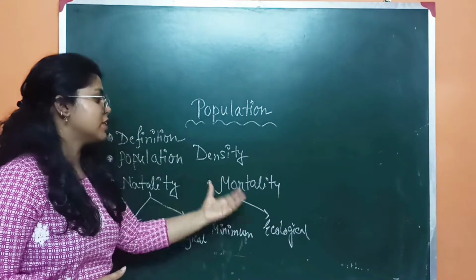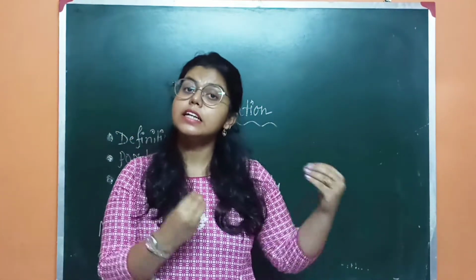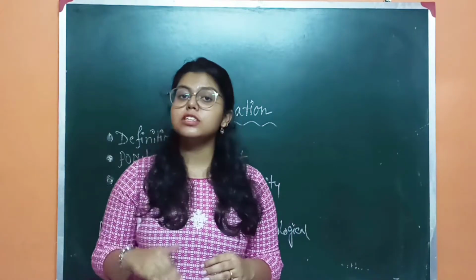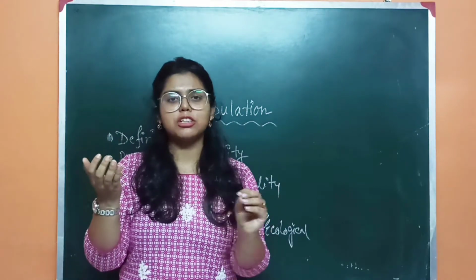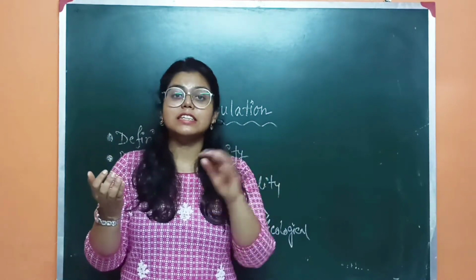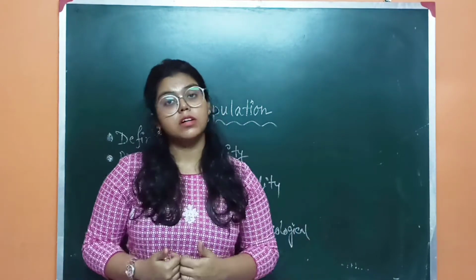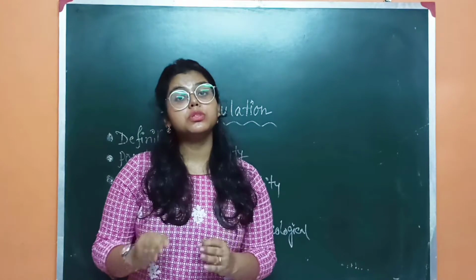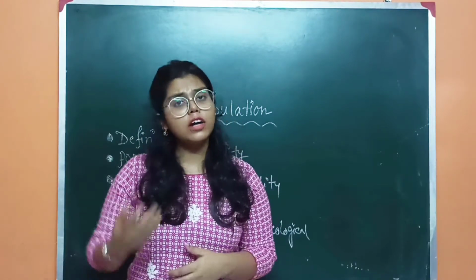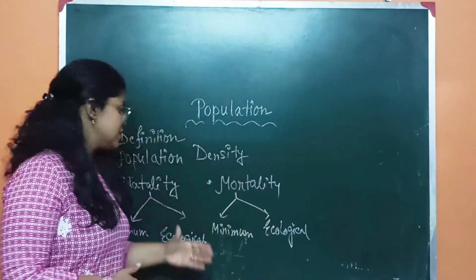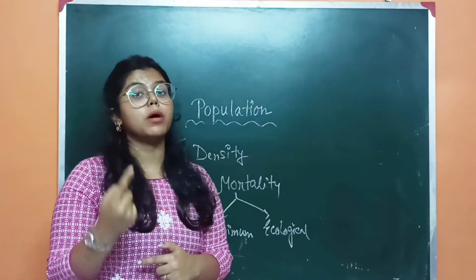The next is mortality. Mortality means the total number of individuals dying in a population. It does not have to be offspring, basically these are individuals, and they die in a particular population due to reasons like environmental conditions, diseases, or aging. The birth rate and the death rate together determine the population.